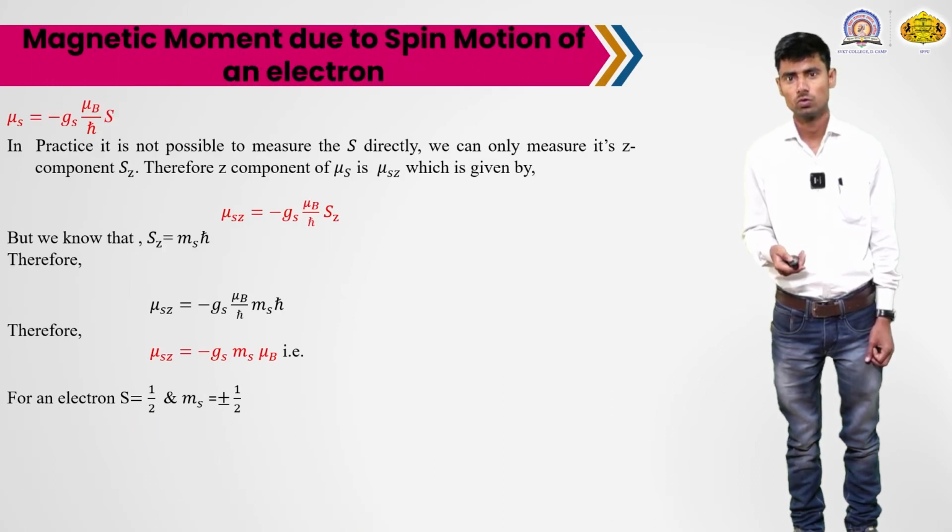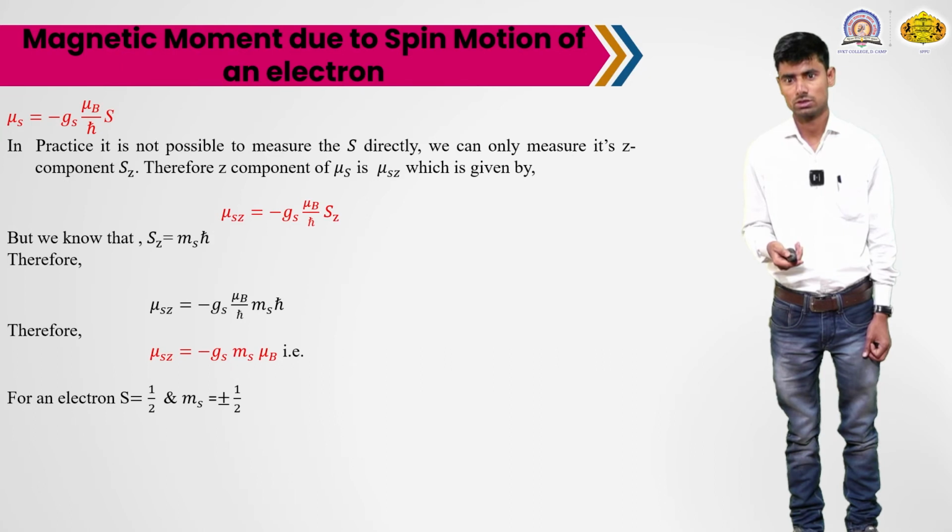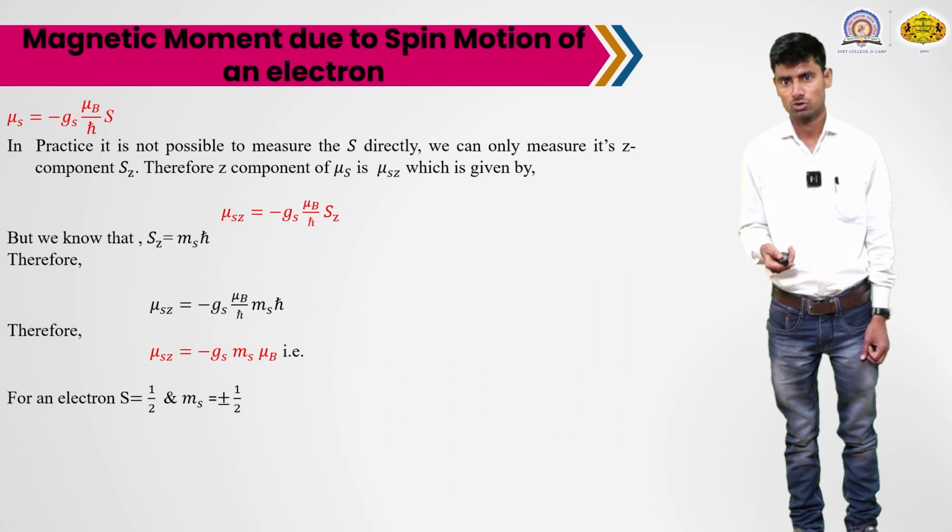Similarly here also you cannot directly measure the spin of an electron. You can measure its z component, which is given by μsz, that is equal to minus gs μB upon ħ into Sz. So here also you can measure the z component of the magnetic dipole moment. Now Sz value is ms ħ, where ms is the magnetic spin quantum number and it has a value from minus s to plus s.